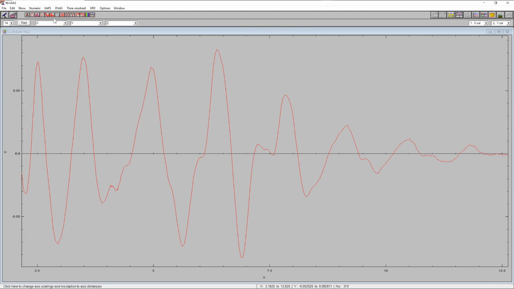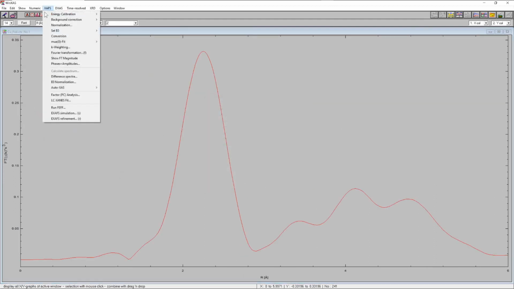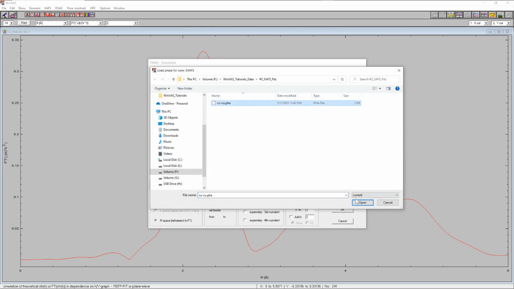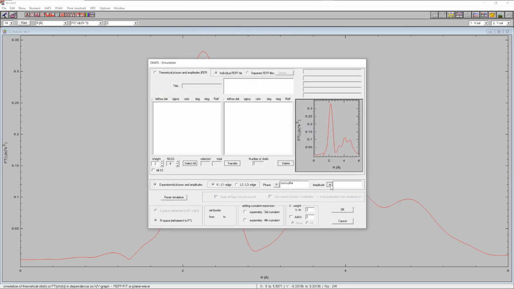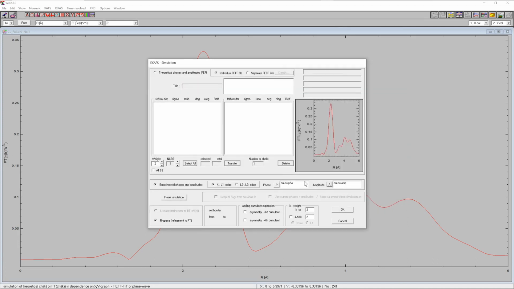So this is the chi of k now we want to use for calculating the Fourier transformation and for EXAFS simulation. So in this tutorial, we want to use experimental phases and amplitudes. So we need to make sure it's the copper K edge, need to make sure the right edge is selected here, and then we can select the phase and the amplitude that we just extracted from the reference copper metal chi of k.